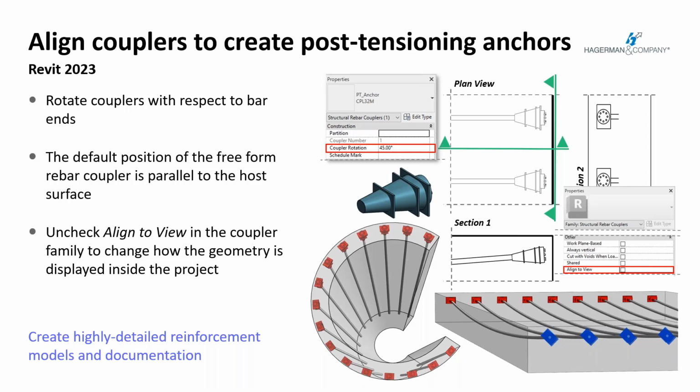So you can see some examples on this slide here. To create complex geometry and display it in a realistic way in 2D views, you can edit the coupler family and uncheck the Align to View option. This new feature helps structural engineers and detailers create highly detailed reinforcement models and documentation.